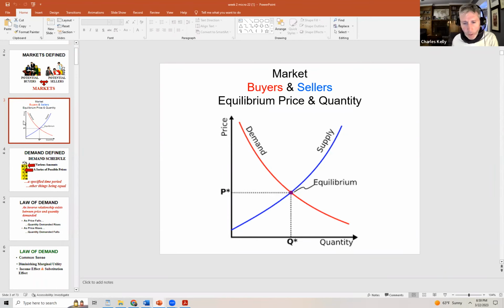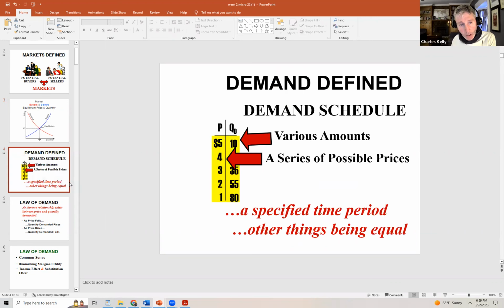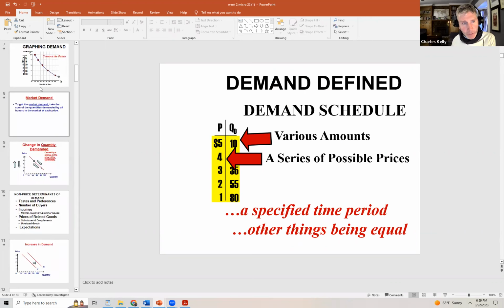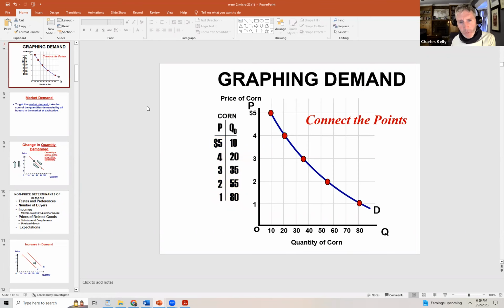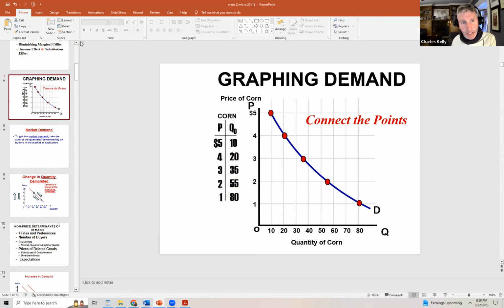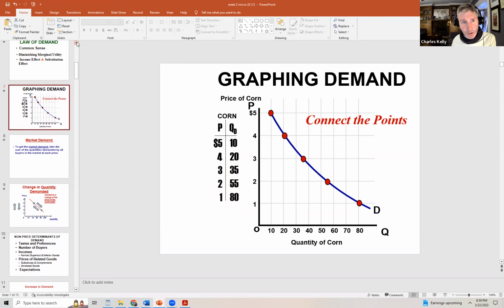All right. So having said that, what is demand? Well, we see what demand is here. We can either measure price and quantity using data, or we can measure price and quantity demanded using a graph. So what is demand? Demand is a schedule.